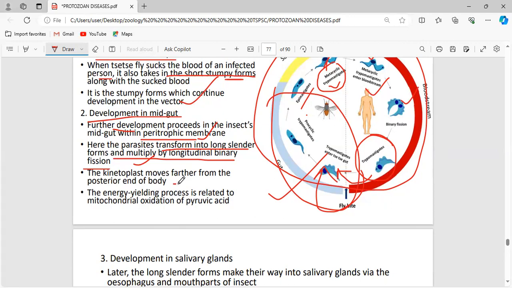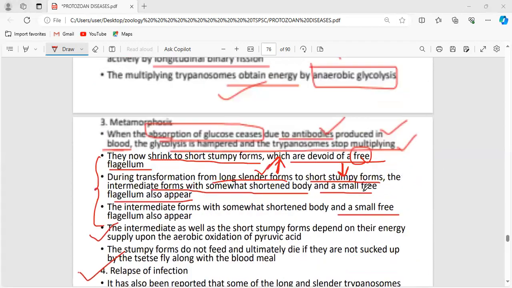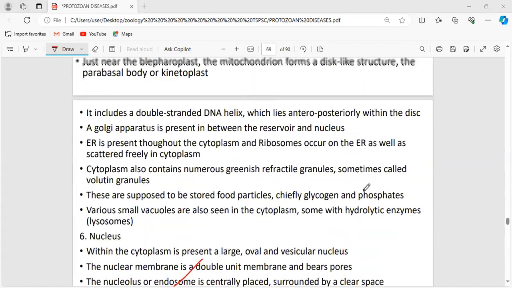We know that. Now, the kinetoplast moves farther from the posterior end of the body. You have to understand, as I mentioned earlier, what the trypomastigotes and epimastigotes are. Once again, I'm explaining this.